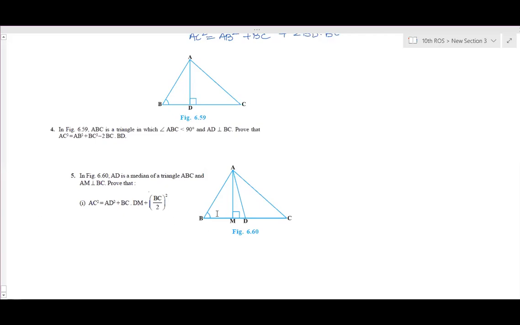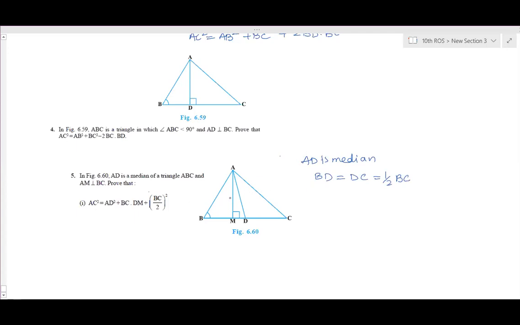So here, this is the next step of the earlier question, the fourth one, somewhat extended: one more side has been added, that is the median. If AD is a median, then BD is equal to DC, which is equal to half of BC, right?